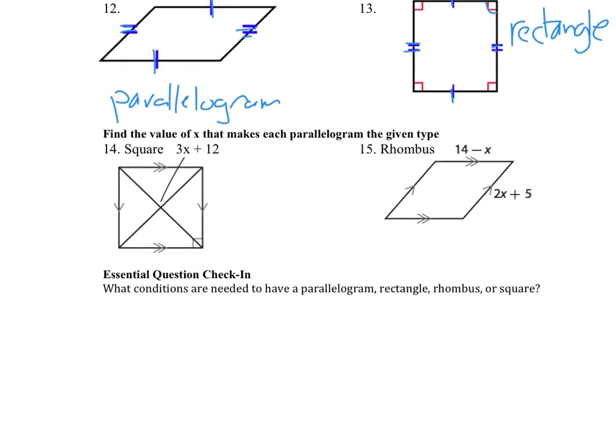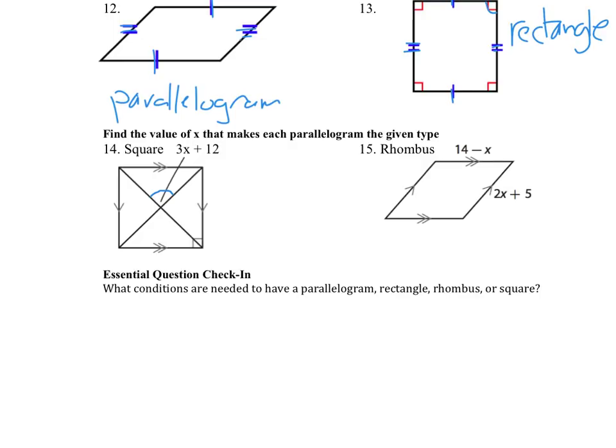All right, so 14 and 15, we're told what type of shape it is, but we then need to use the properties so that we can find the value that would make it that type of parallelogram true. So a square, we're pointing to our bisect angle in the middle. In a square, remember that is 90 degrees.